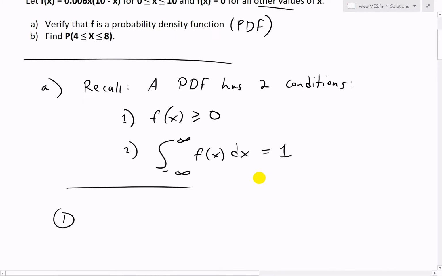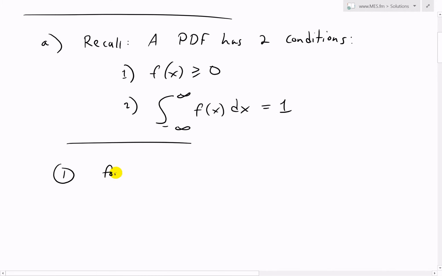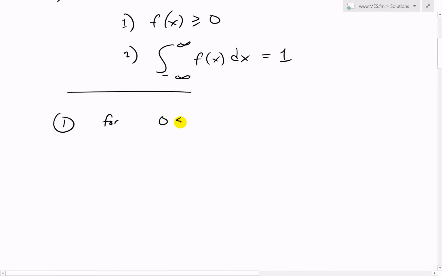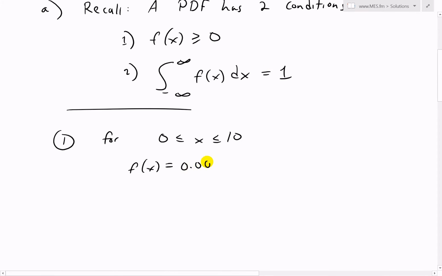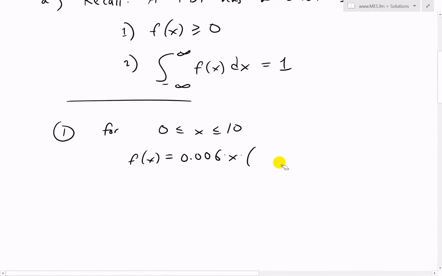Let's look at the first interval, x between 0 and 10, where f of x is equal to 0.006 times x times 10 minus x. When we look at this, it is a positive number.